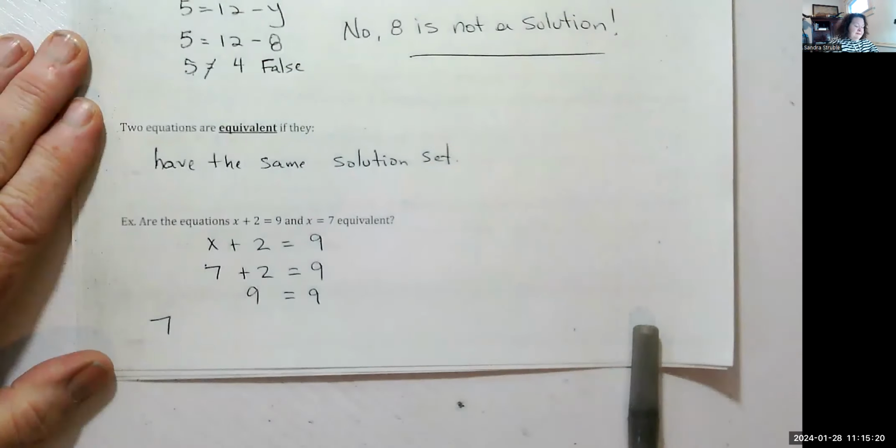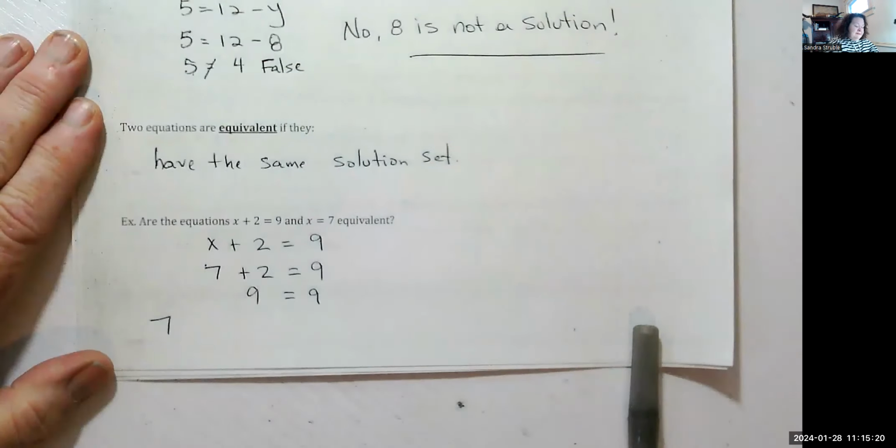All right. Now x plus 3 equals 8. There's only one number we can plug in for x that we can add to 3 and get 8, and that is 5. So 5 plus 3 equals 8. 8 equals 8.